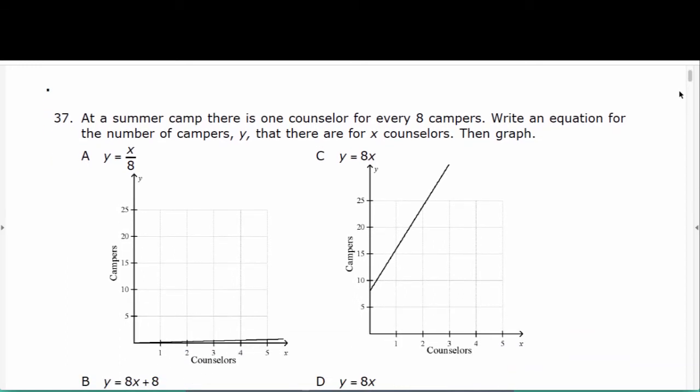Question 37. At a summer camp, there is one counselor for every 8 campers. Write an equation for the number of campers, y, that there are for x counselors. Then graph. A. y equals x over 8.